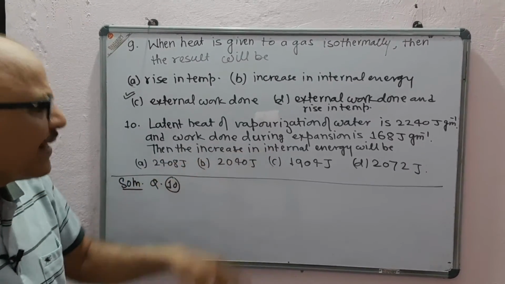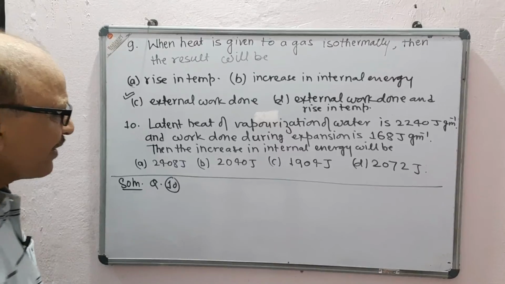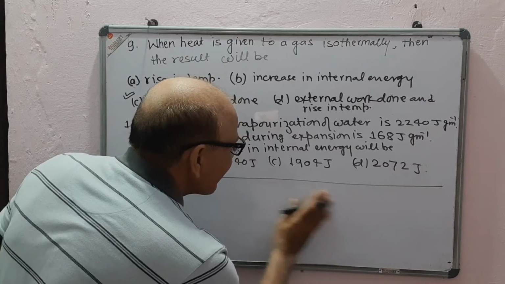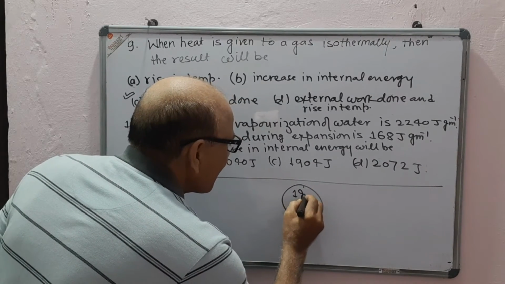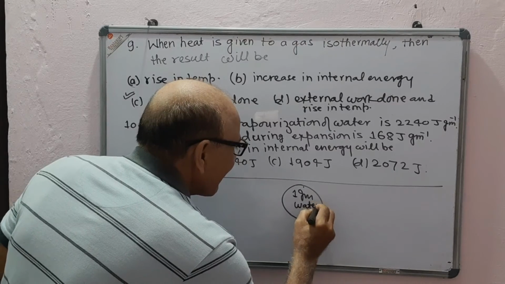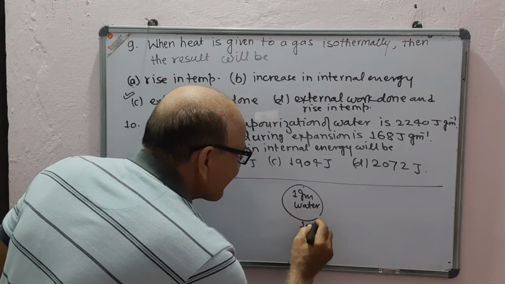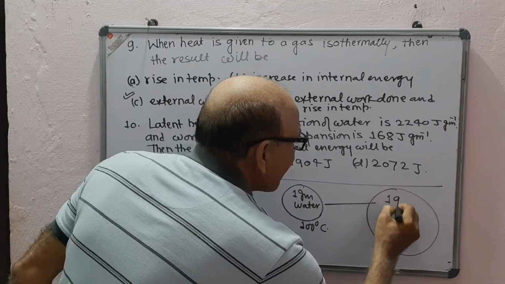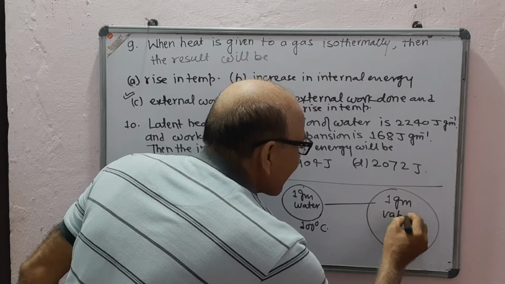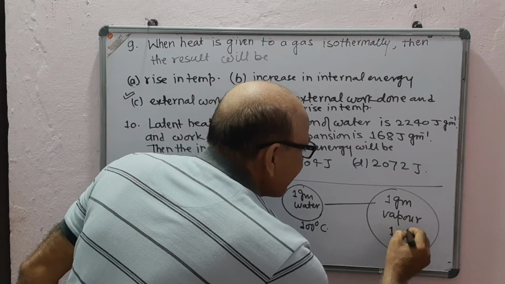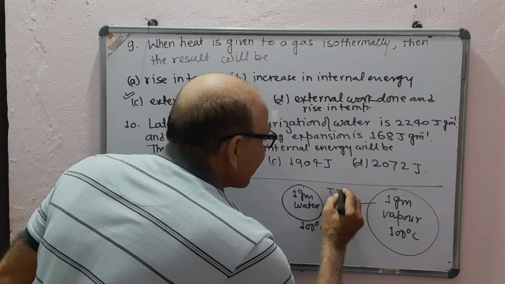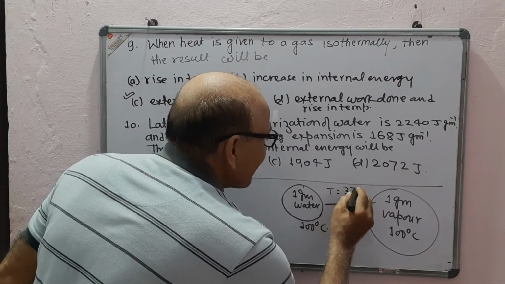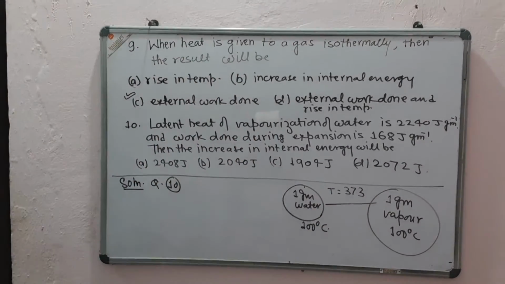Then the increase in internal energy will be, you know, suppose this is 1 gram water at 100 degrees Celsius, and this becomes 1 gram vapor at 100 degrees Celsius, which means T is constant at 373 Kelvin.